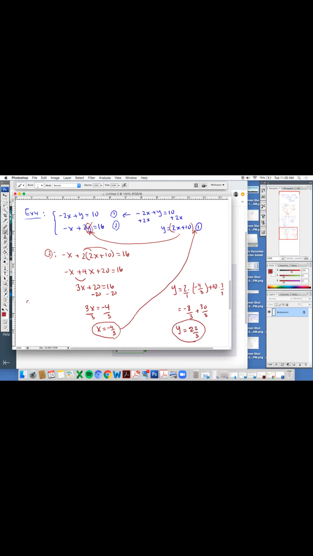Okay, so my solution is negative 4/3, comma 22 over 3. Okay, any questions with that one?